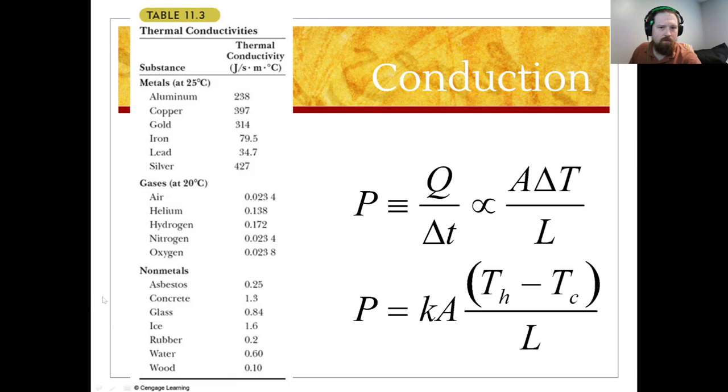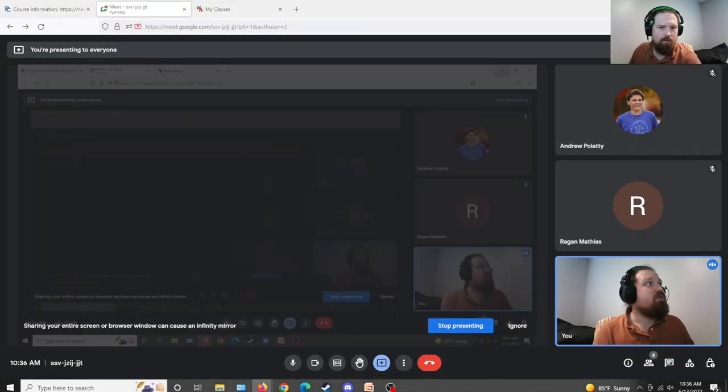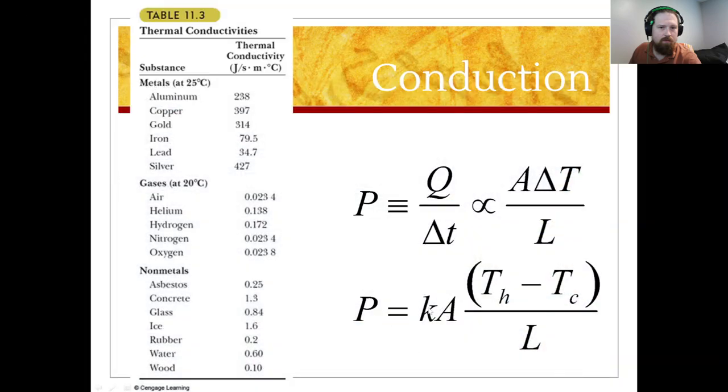The last variable present in this formula that affects rate of thermal energy flow is this K term. This represents the thermal conductivity constant of the material in question.